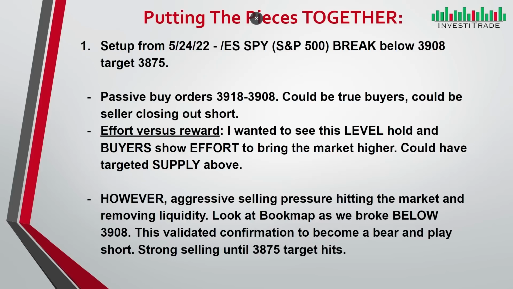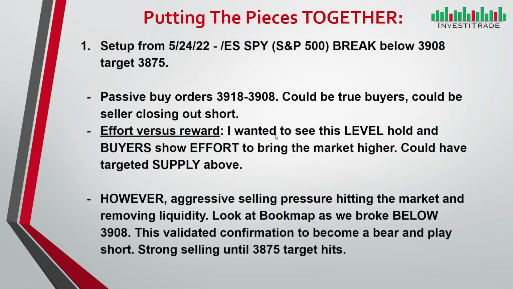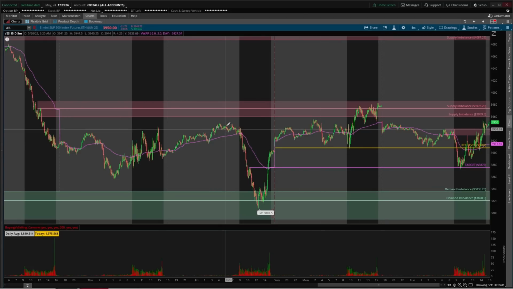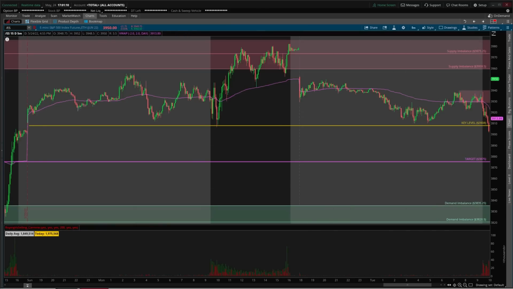The first thing I want to show you all is, pull this up here, the pre-market plan, just to show you the levels so you could understand the context backing the setup. I will pull that up after. So essentially what we were looking for was a break below 3908 on the S&P 500. This was a level from the day prior. This was something that we bounced off of yesterday, and this wasn't necessarily a demand zone.